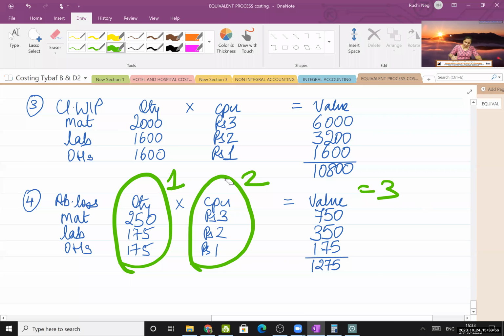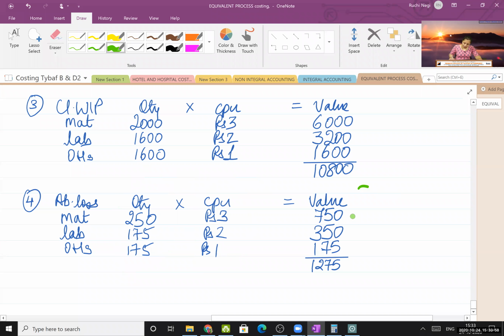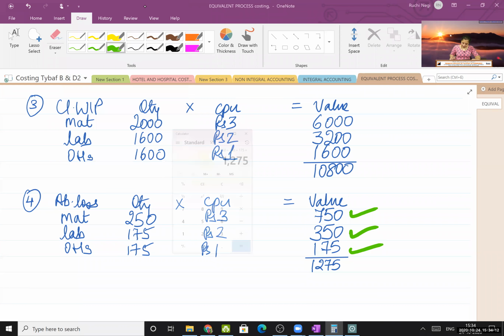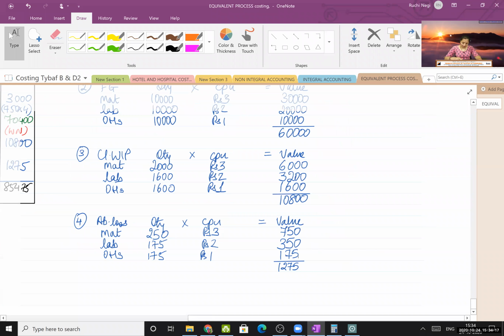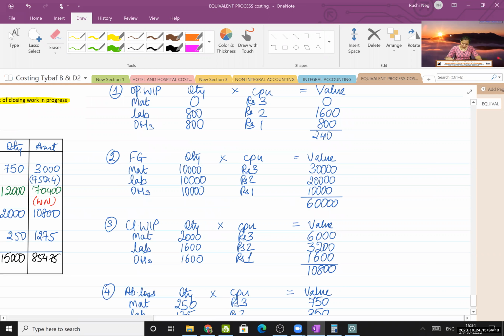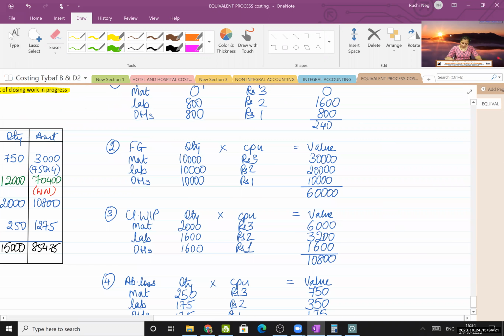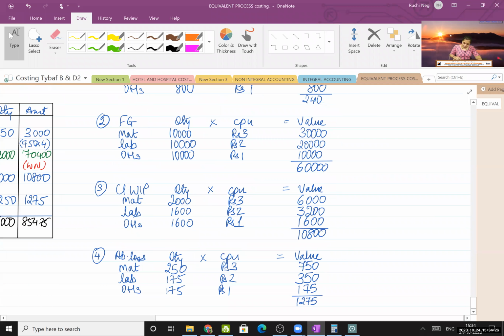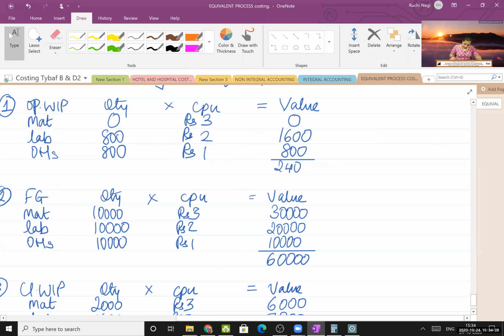Simple as that. 250 into 3 is 750. 175 into 2 is 350. 175 into 1 is 175. 750 plus 350 plus 175 is 1275. Okay, done. So my values of the respective WIP, finished goods, opening, closing सब मुझे मिल गया है. ठीक है? Now students listen one thing.